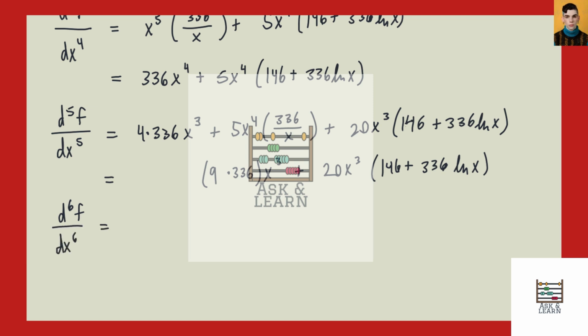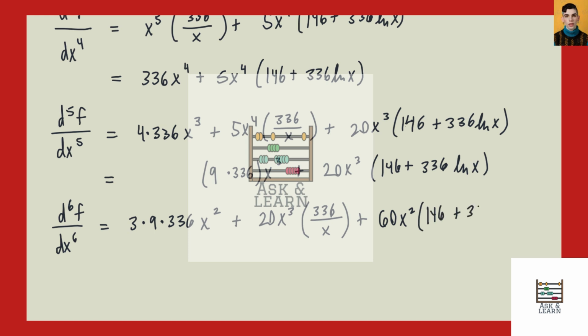We have 3 times 9 times 336 times x squared plus 20x cubed times 336 divided by x plus 60x squared times 146 plus 336 natural log x.